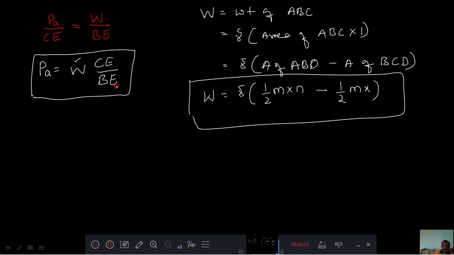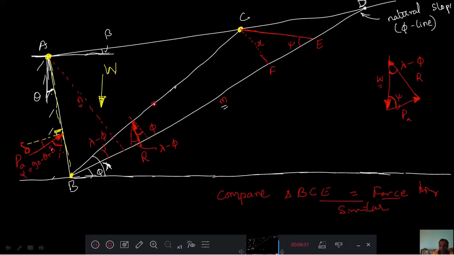Then the second parameter: what is CE? Just look here. CE is here, and by using this triangle, the CFE triangle, with C and X, and FE perpendicular, and this is the psi angle.